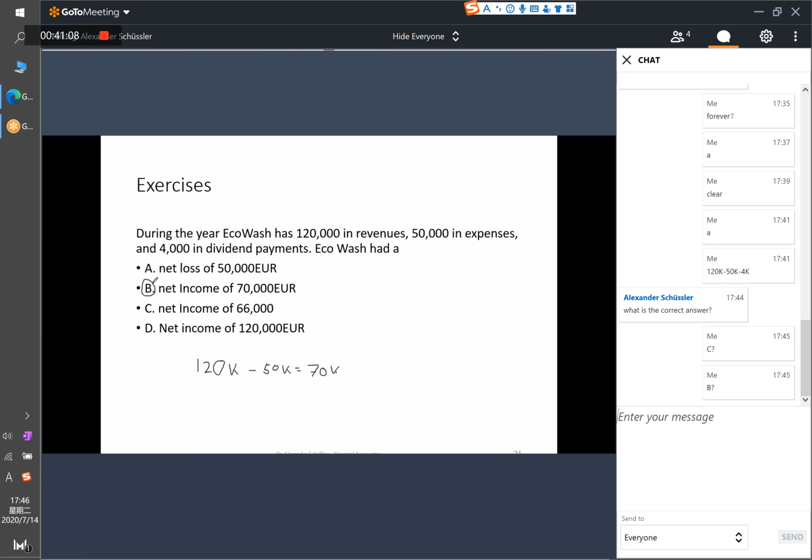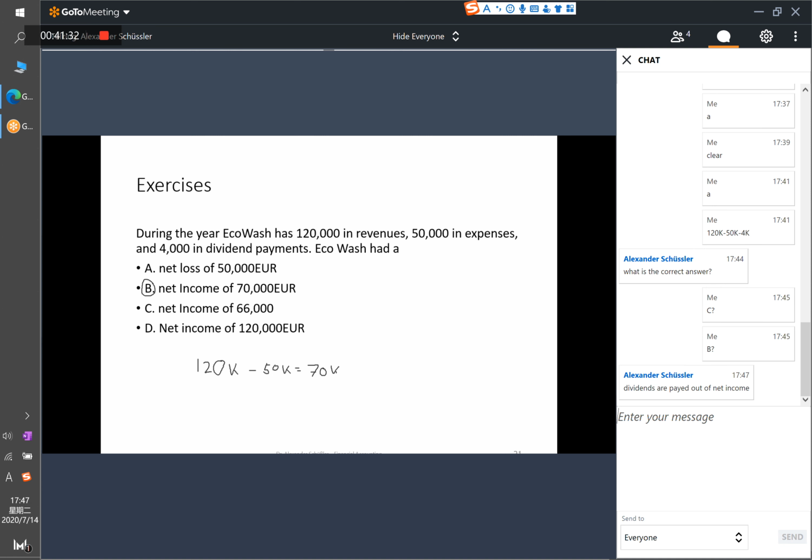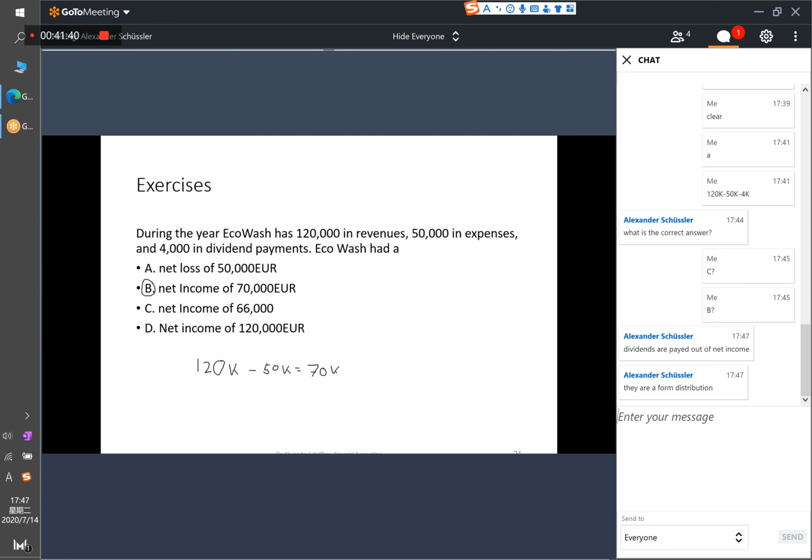Dividends do not matter here. Dividends are paid out of net income. They are a form of distribution: how you distribute your net income, you give it back to the shareholders.